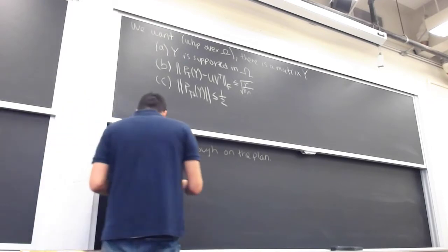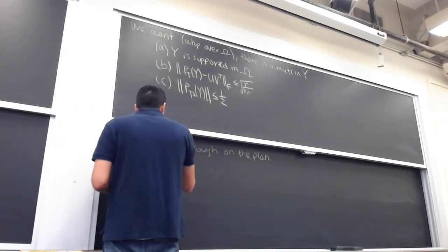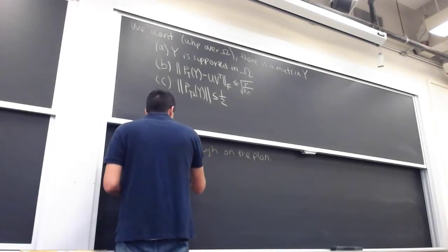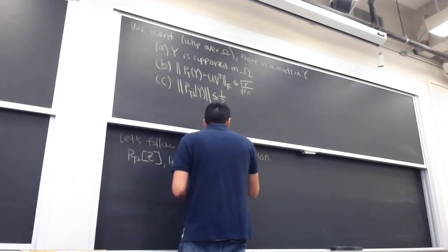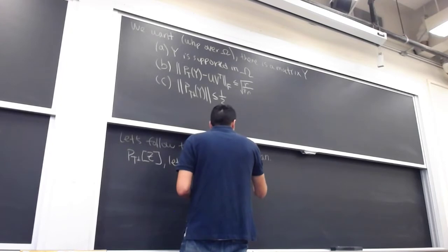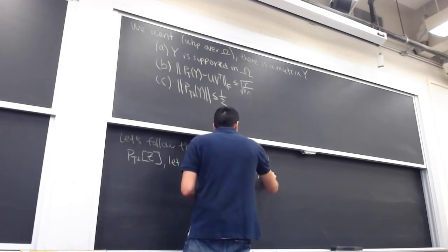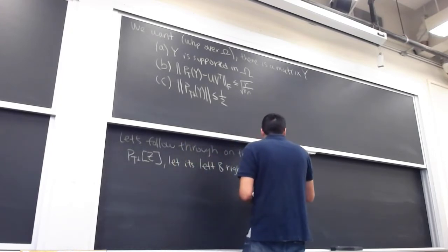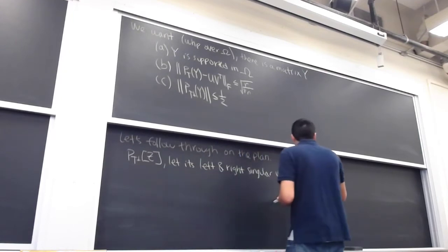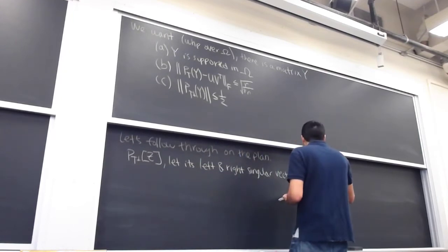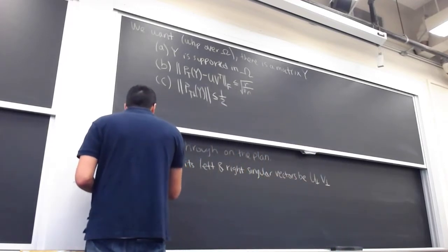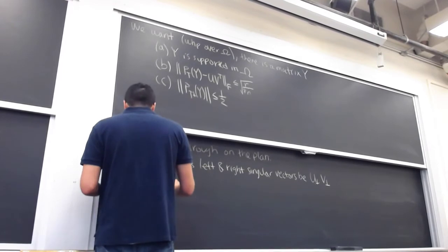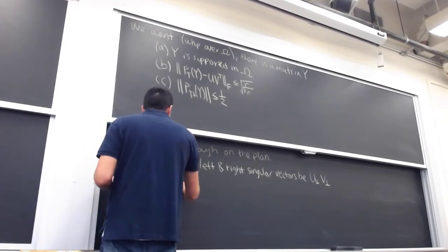Right? And let its left and right singular vectors be U perp and V perp. I'll just name them that way. So let me tell you what the dual certificate we're going to use is. I can write it out explicitly.